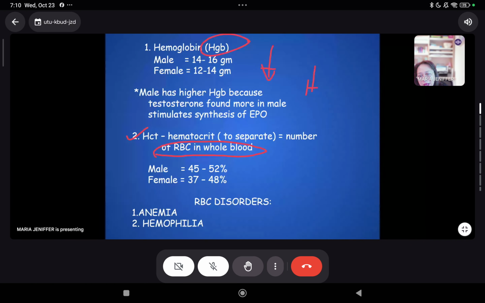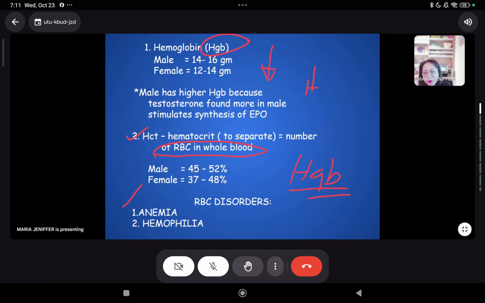And of course we can also enhance it by taking supplements like iron supplements, or by eating food which is rich in iron. In a condition called anemia, the hemoglobin level will go down and the compensation is very slow. So hemoglobin will go down. That is why it could manifest as dizziness.